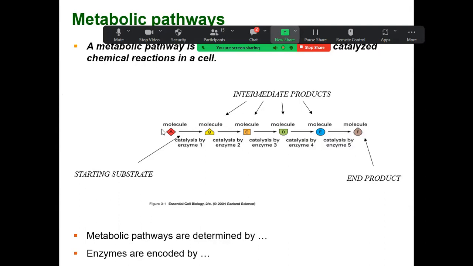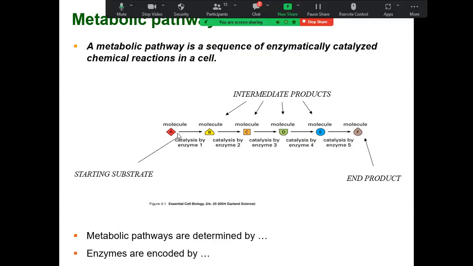So we can have molecule A, which is converted by an enzyme into molecule B. Molecule B can be converted by another enzyme, enzyme 2, into molecule C. Molecule C can be converted by an enzyme into molecule D. Molecule D can be converted by an enzyme to molecule E. Molecule E can be converted by another enzyme into molecule F. And then you string all these chemical reactions together, we have a metabolic pathway, converting molecule A eventually into molecule F.